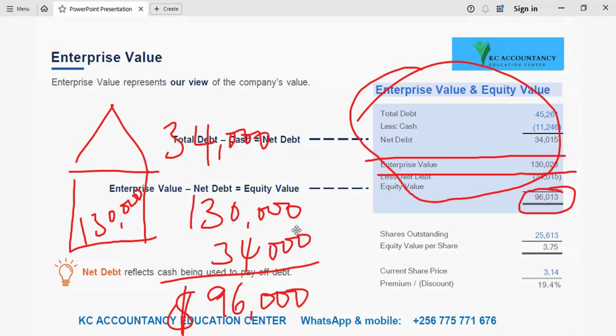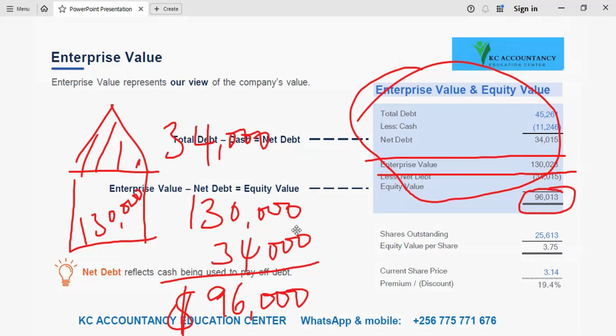That $96,000 is the worth of the equity section in the house. In other words, we borrowed $34,000 US, but we have a house that is worth $130 US, meaning the 96 is actually equity. So that is the implication.